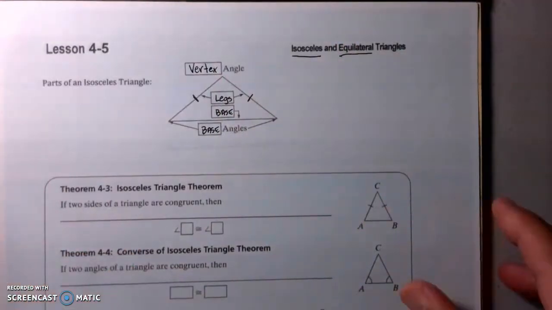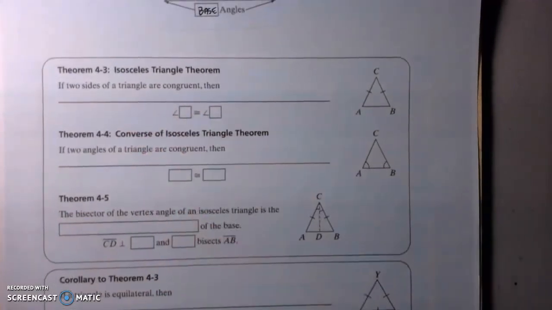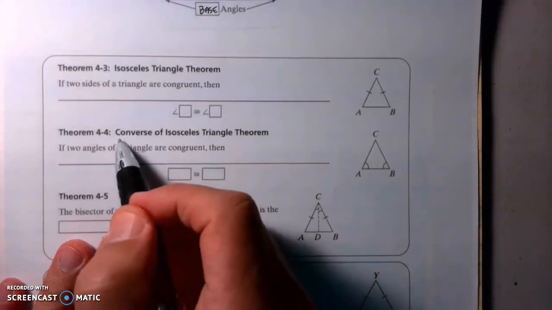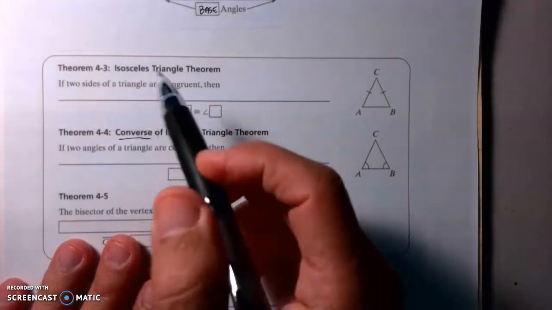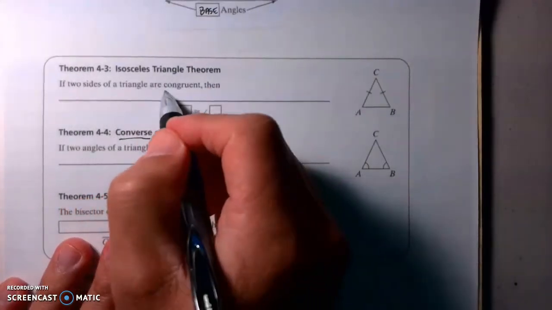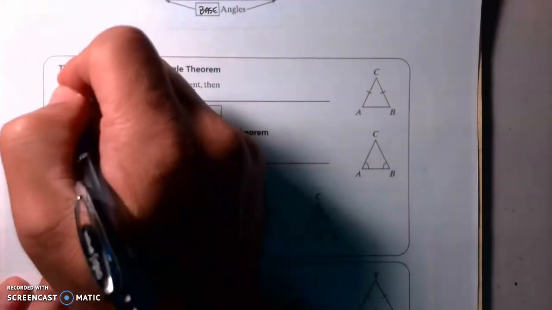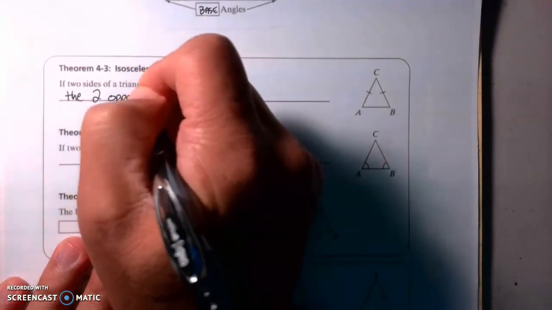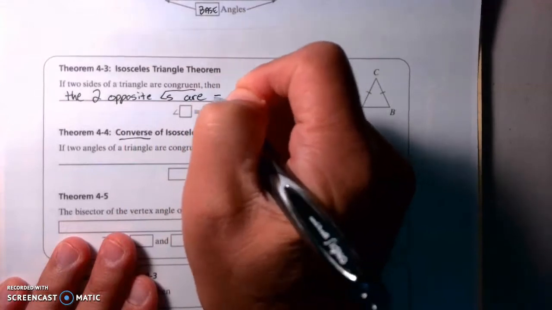All right. Now we've got two main theorems based on isosceles triangle. The first one is the isosceles triangle theorem, and the other one is the reverse, the converse of the isosceles triangle theorem. So what is the isosceles triangle theorem? If two sides of a triangle are congruent, in this picture you notice the two sides are congruent, then the two opposite angles are congruent.